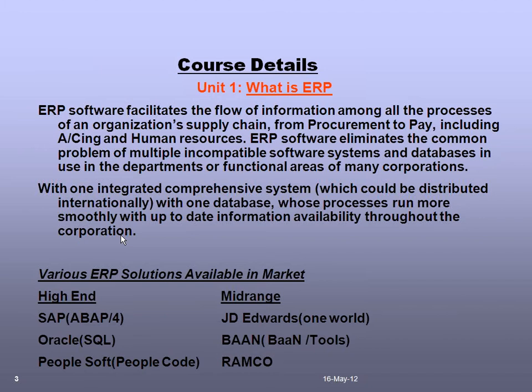Therefore, everybody can see the same set of information throughout the organization. Whether you are the CEO, a regional manager, or an individual user who created a purchasing document or an invoice document, everybody will see the same piece of information if there is only a single database.